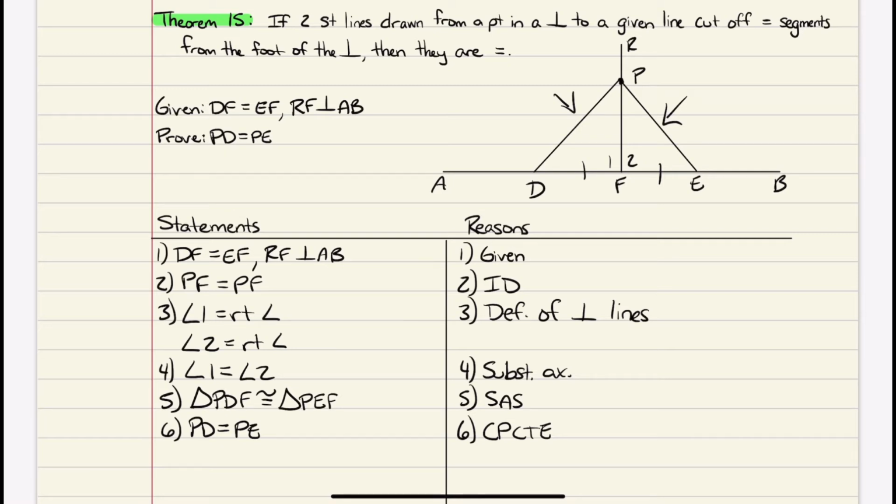There's theorem 15. If two lines are drawn from a point in a perpendicular to a given line and they cut off equal segments from the foot of the perpendicular, then these two straight lines are equal to each other. All right. Well, on the coattails of theorem 15, we came up with a corollary.